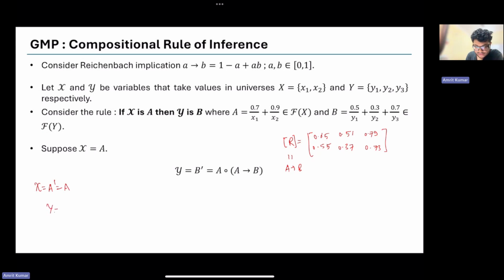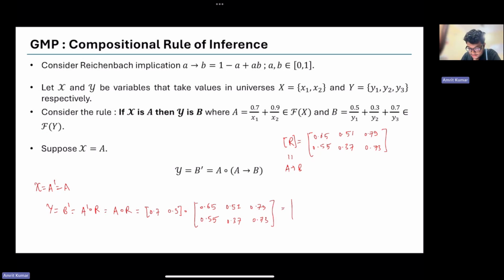So what would be B dash? It would be the composition of A dash with R, which in other words is the composition of A with R. So let us quickly perform this composition and see if we actually get the fuzzy set B as the output.